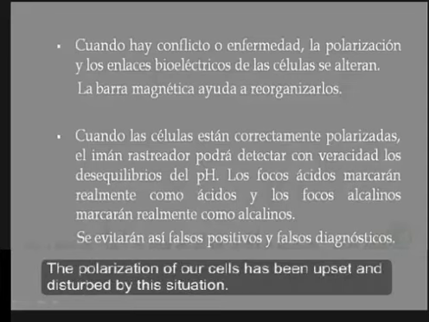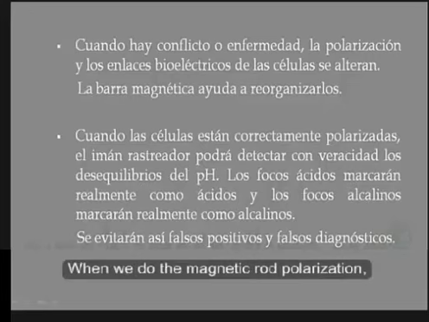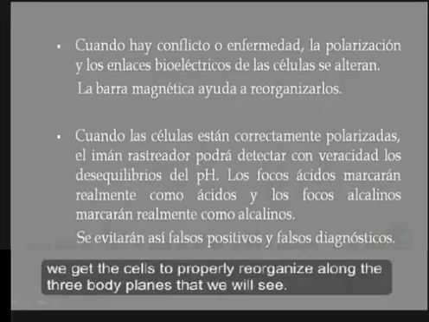The polarization of our cells has been upset and disturbed by this situation. When we do the magnetic rod polarization, we get the cells to properly reorganize along the three body planes that we will see.